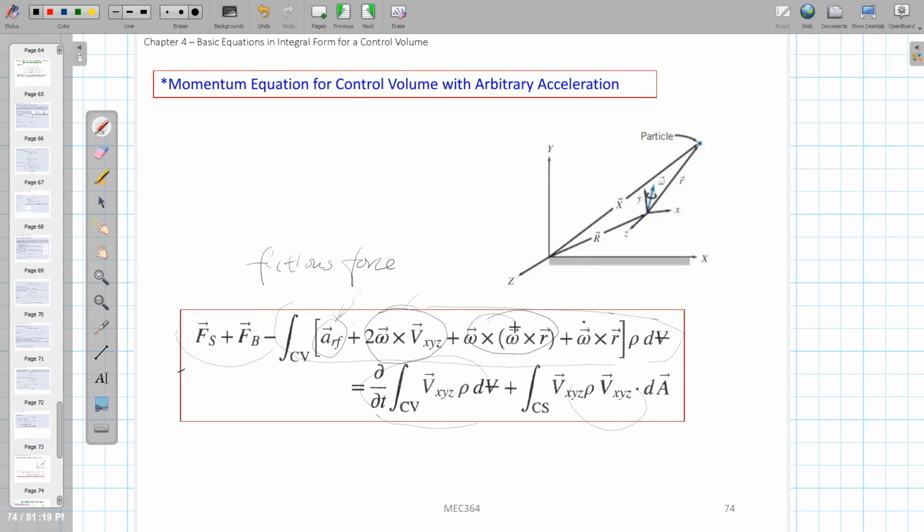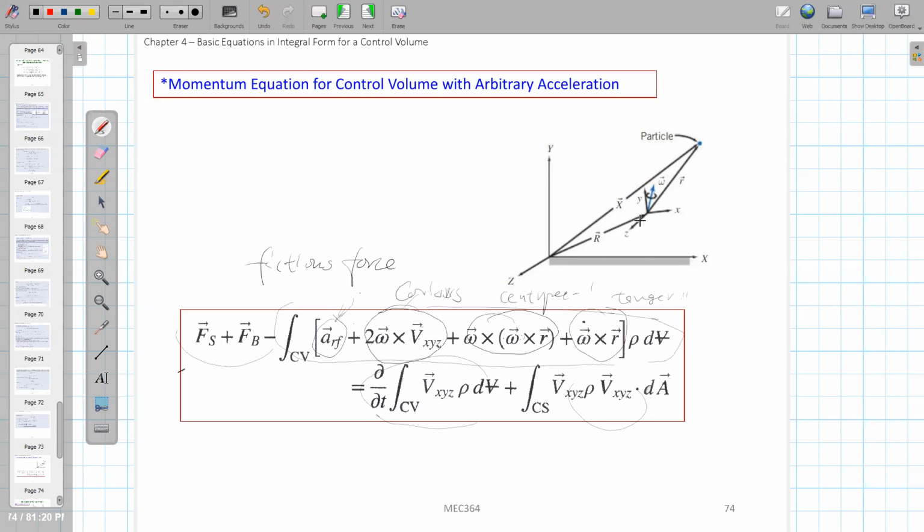This force is the centripetal force because of the rotation, and this force is the tangential force because of rotation. So you will have another three forces here because of the rotation of this framework itself: Coriolis, centripetal, and tangential force.